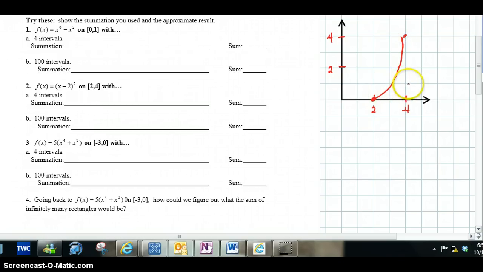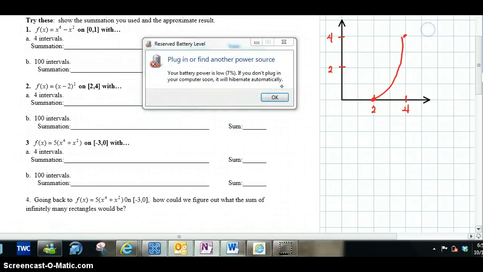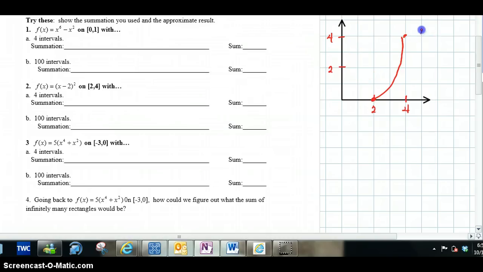Dividing this interval into 4 subintervals, delta x is going to be 4 take away 2, the right-hand endpoint minus the left-hand endpoint, divided into 4 subintervals, which would be a half. So each rectangle has a width of a half.